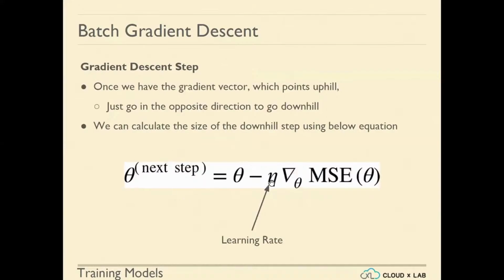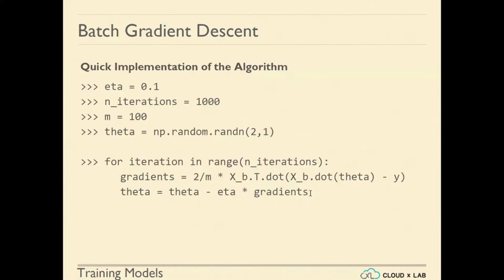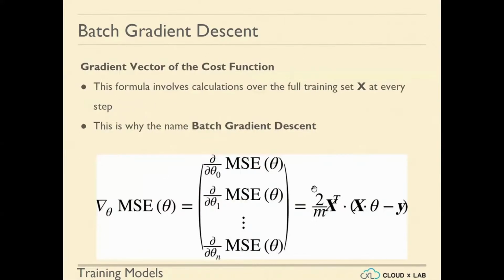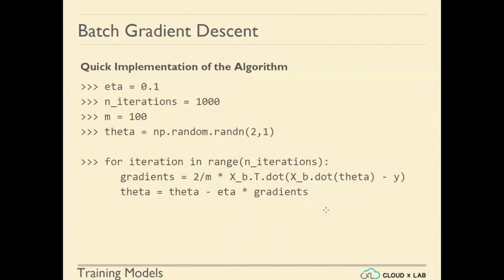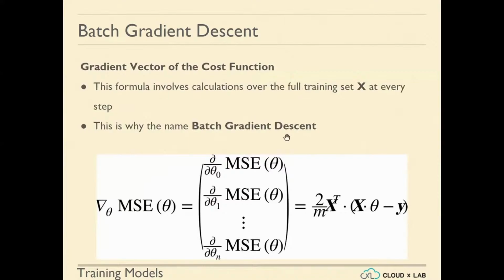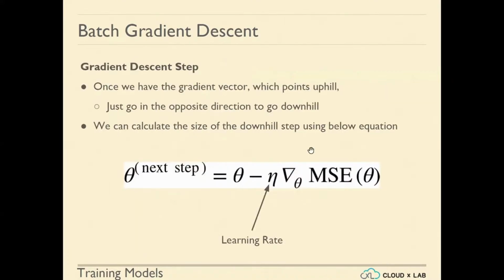New value is equal to old value minus learning rate times gradient. So the gradient we already know, right? For the gradient we will use this equation. So this is our gradient for complete data points, and here we are using this value as the gradient.